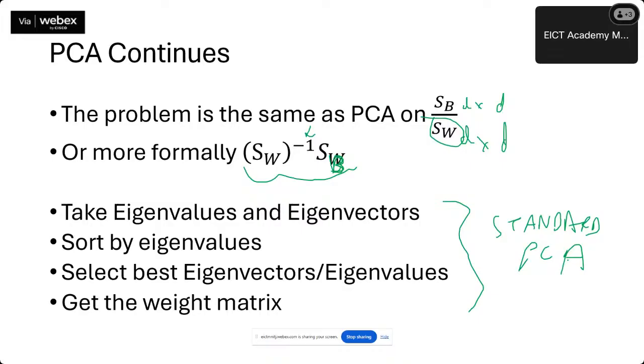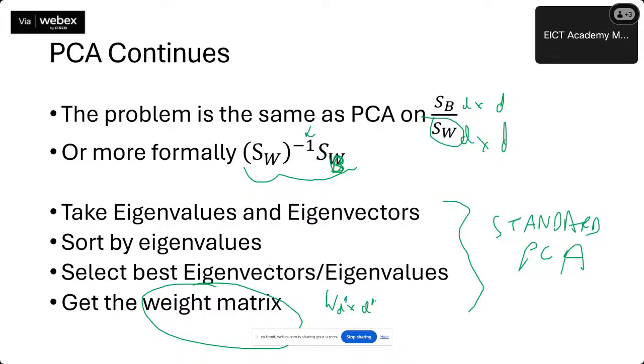If I want 20% features, I take the top 20% of the features. If I want 40% of the features, I take the top 40% of the eigenvectors. I take those values, and with the chosen eigenvectors, I just stack them up, concatenate them, and that becomes my weight matrix, which is D cross the reduced dimension D dash.